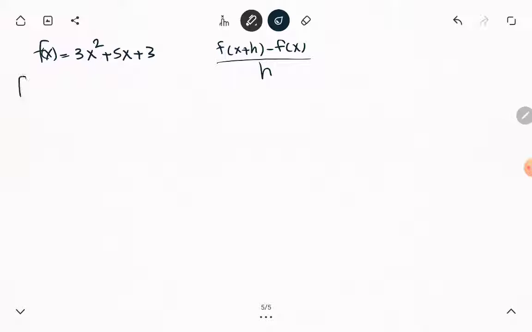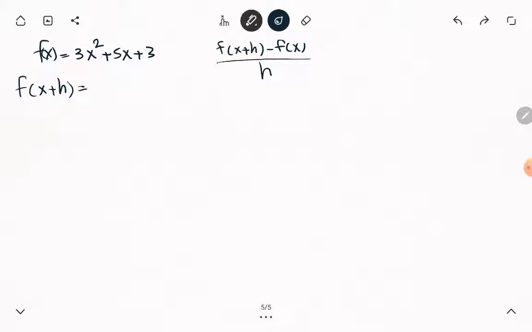So let me see what is my f of x plus h, and then I can plug in the numbers into this formula. So f of x plus h, simply wherever you see x in the f of x, like here and here, just substitute them with x plus h. That's as easy as a piece of cake.